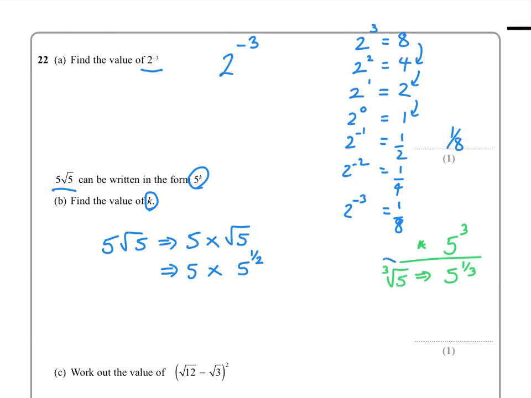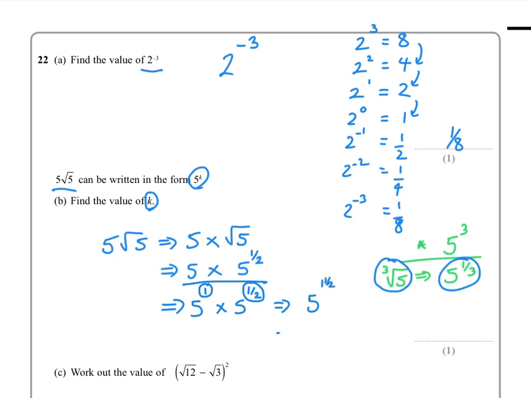This notation's not used as much as this. So back to where we were, this is the same as saying 5 to the power 1 times 5 to the power a half. And by the rules of indices, we can add these powers, and that should give us 5 to the power 1.5.